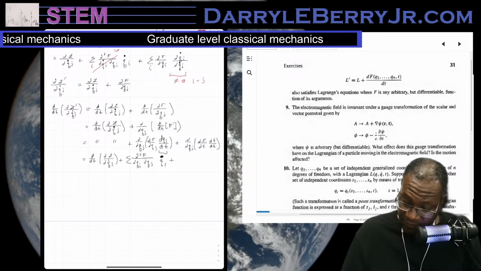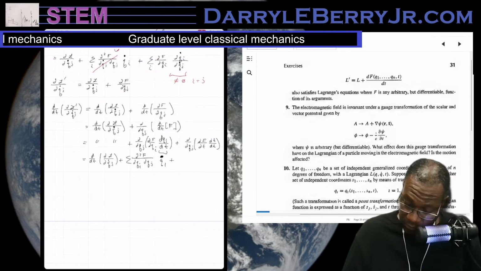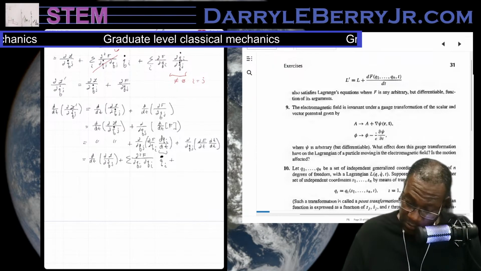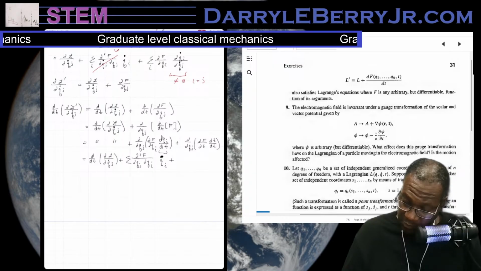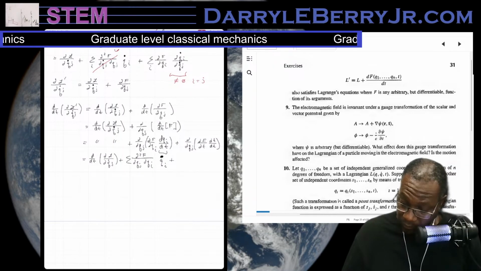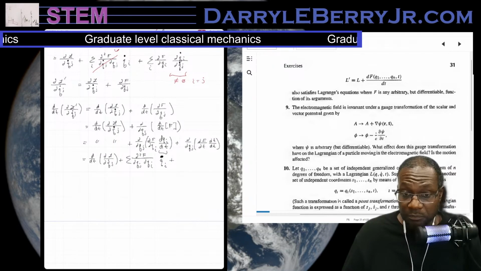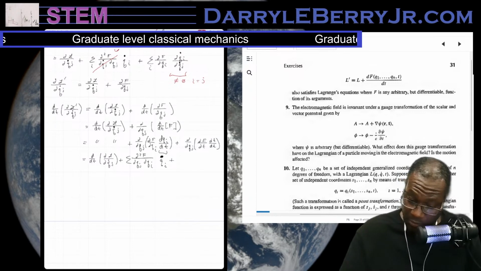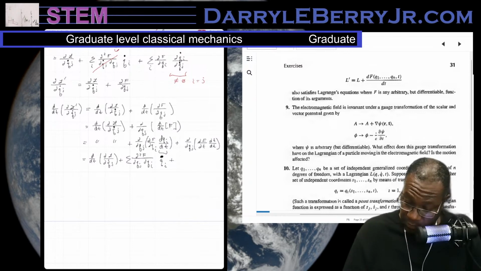But here we still have the sum, so we still have the i, j going on. Plus, this is going to be 1.